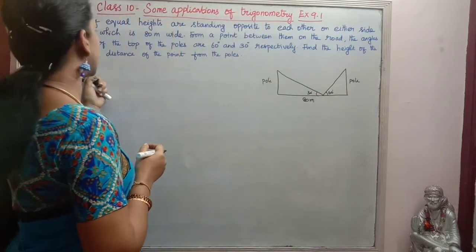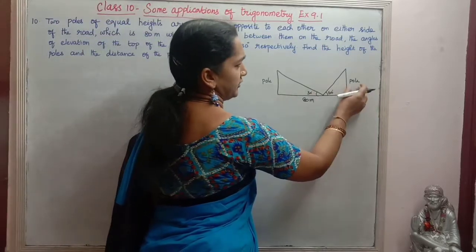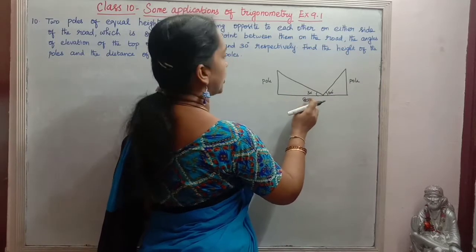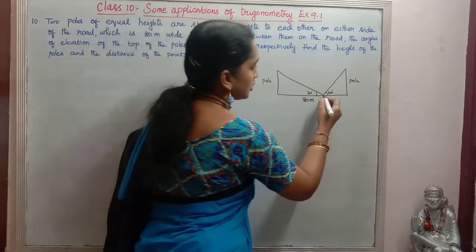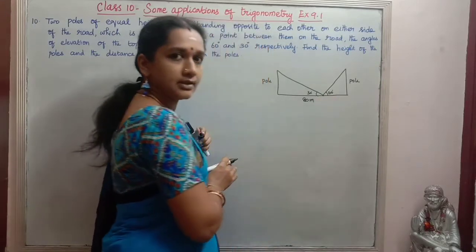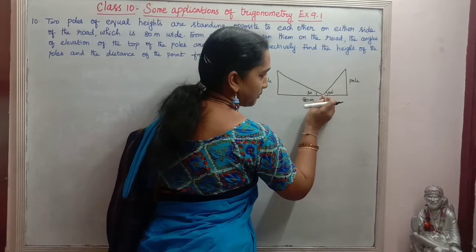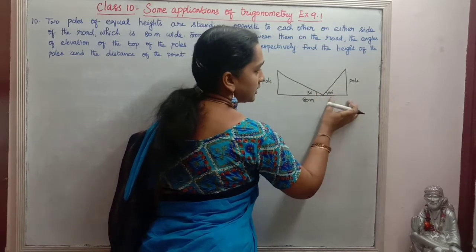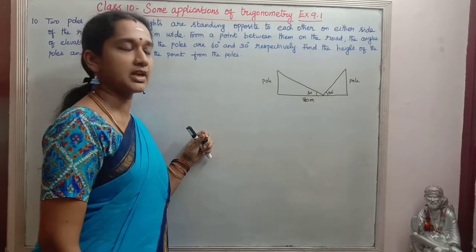Find the height of the poles and the distance of the point from the poles. So the full distance is given as 80 meter. We are asked to find the distance of the point where the angle of elevation is formed. These two things we are asked to find.